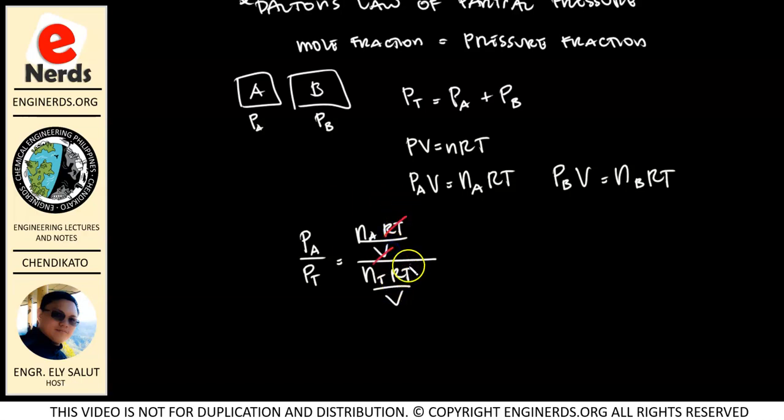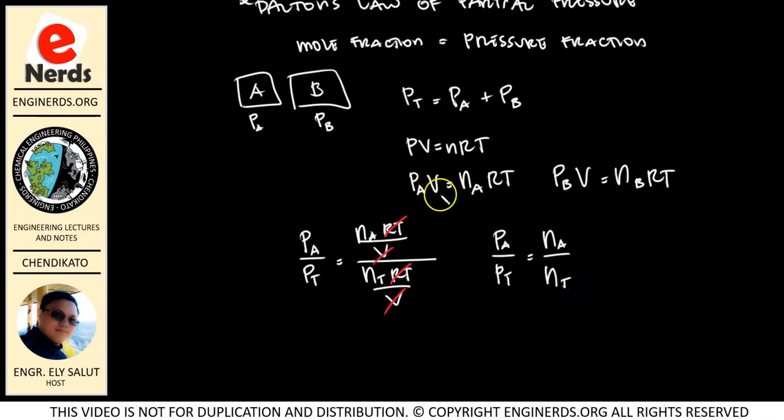So, this will be cancelled out. So, therefore, nakikita natin dito, our pressure fraction, which is PA over PT, is equal to our mole fraction, which is nA over nT.